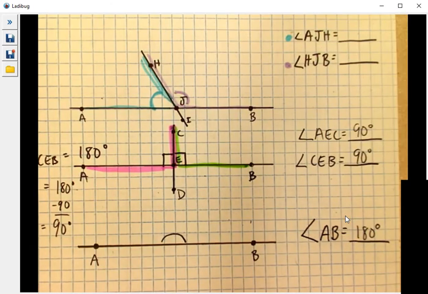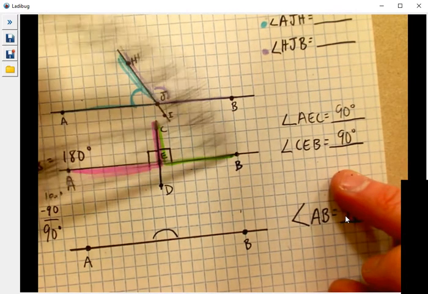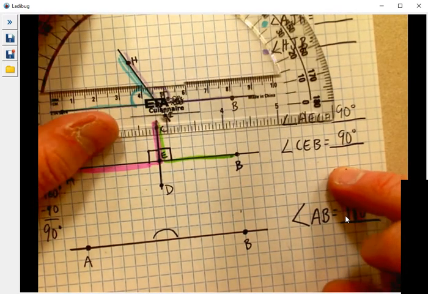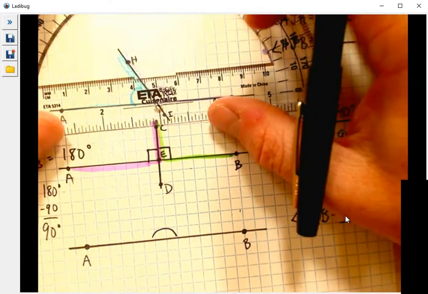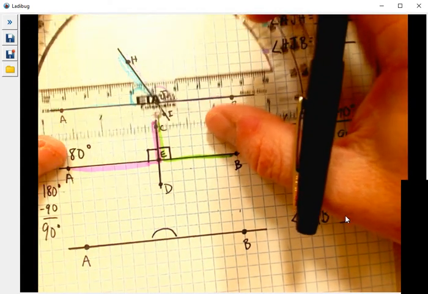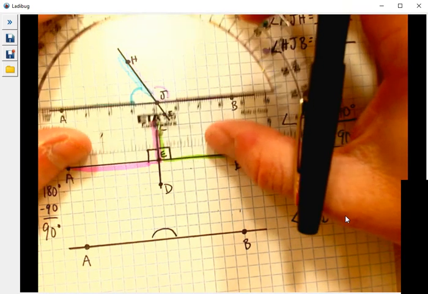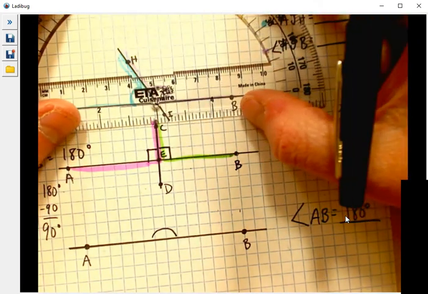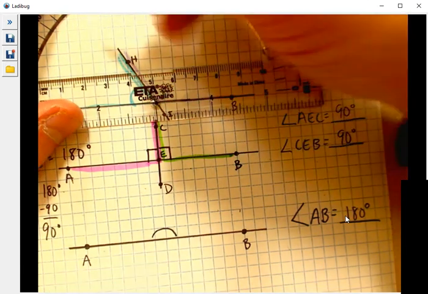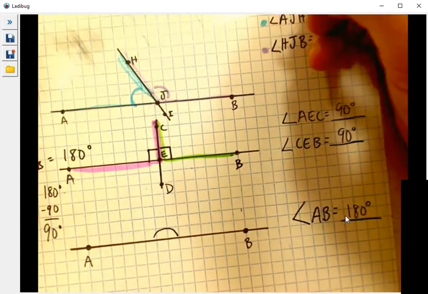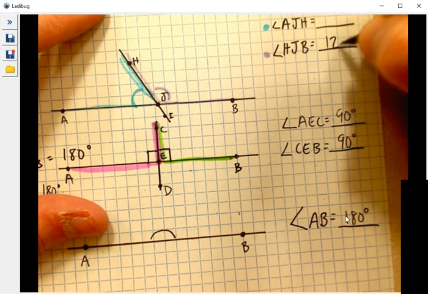To figure out those two angles, remember, there's a couple ways we could do this. First, we'll use a protractor. I'll say that I want to find the purple angle first, HJB. I estimate that that angle is about 120 degrees.